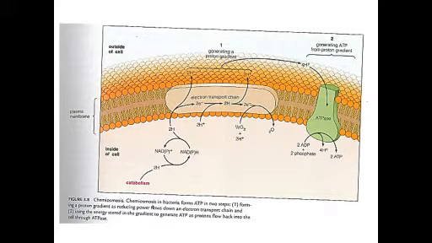Since we're talking about bacterial cells, it's important that you understand where these specific processes take place. In terms of catabolic processes, glycolysis is going to occur inside of the cytoplasm.